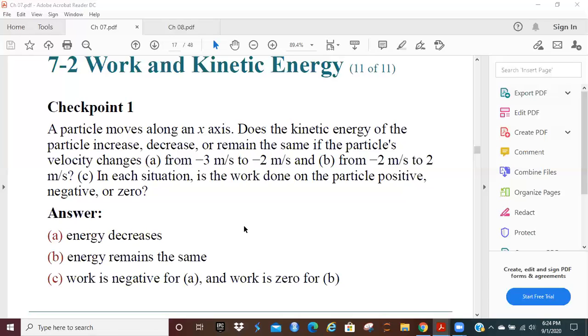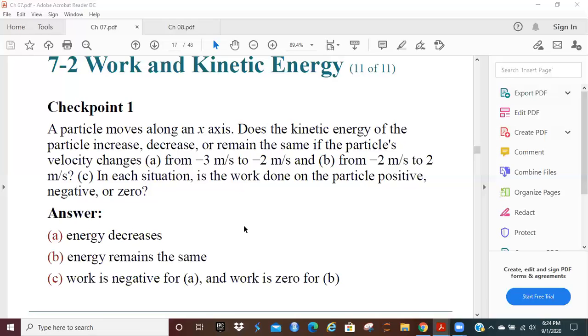If the velocity changes from -2 meters per second to 2 meters per second. I'll let you know straight away that this is a little bit of a tricky question. It'll stay the same.